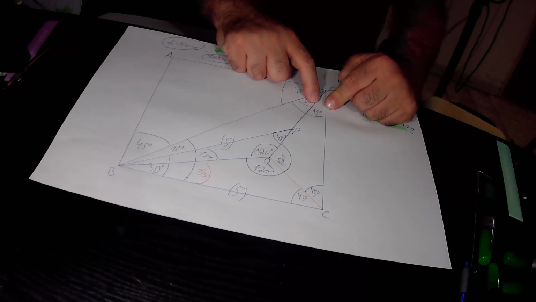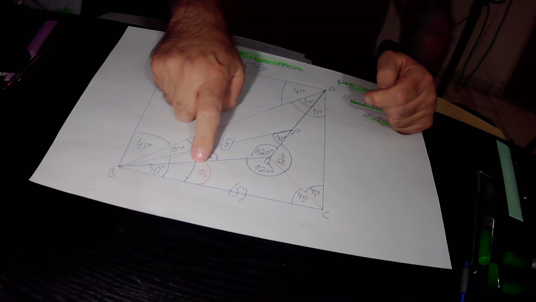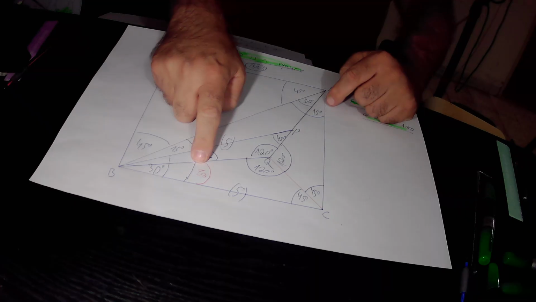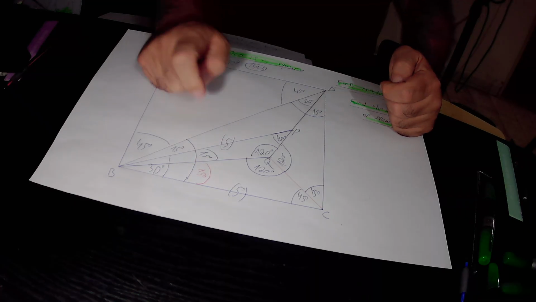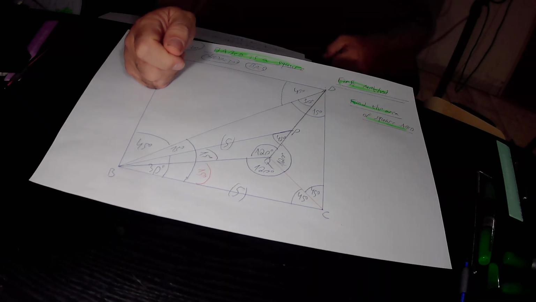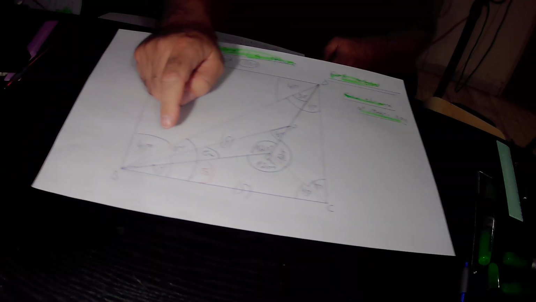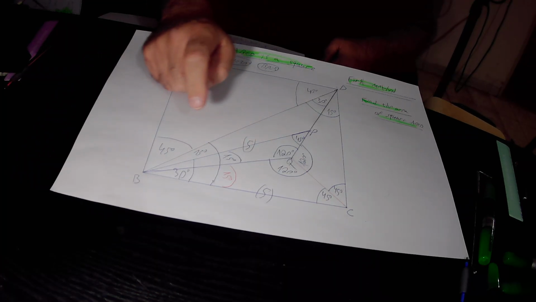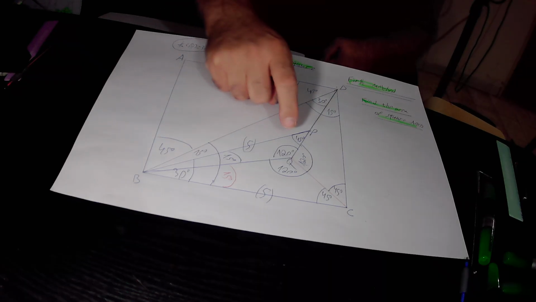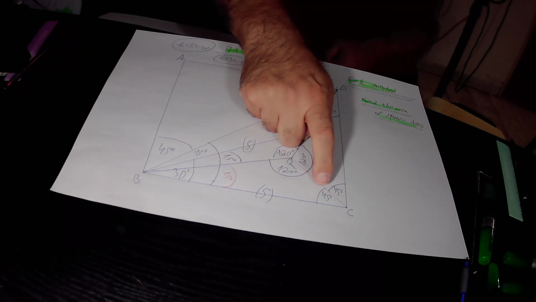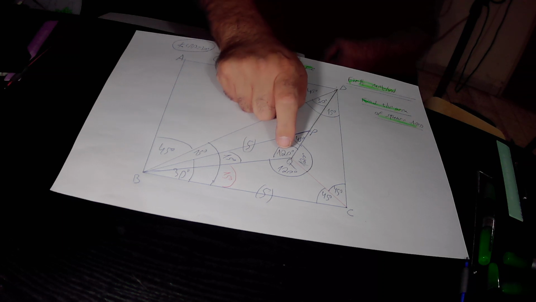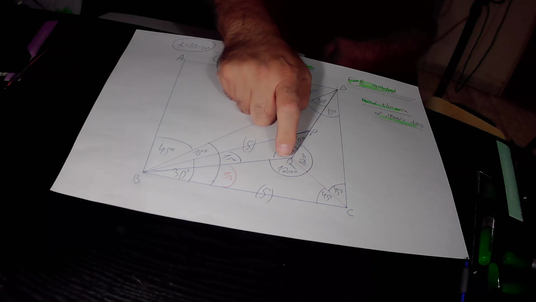But this angle equals 15 degrees, according to what we already found out. Therefore, this missing angle must also equal 15 degrees in size, because they are equal to each other. So in triangle BQC, 15 degrees plus 45 degrees is 60 degrees, and therefore this missing angle must be equal to 120 degrees in size, according to the rule that the sum of the angles in any triangle is equal to 180 degrees.